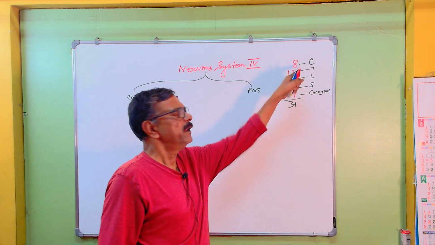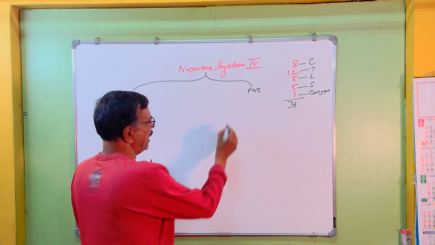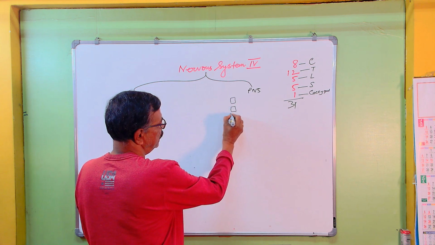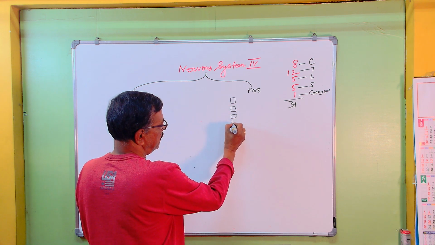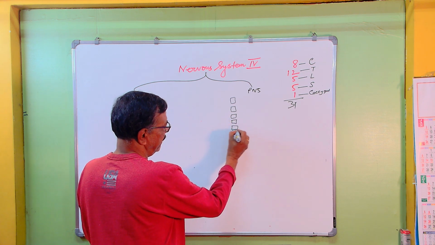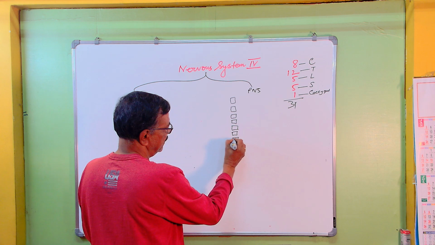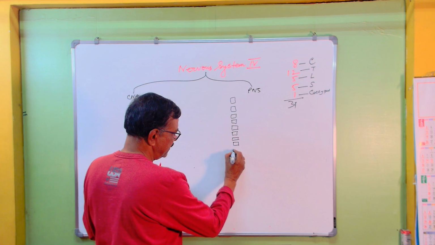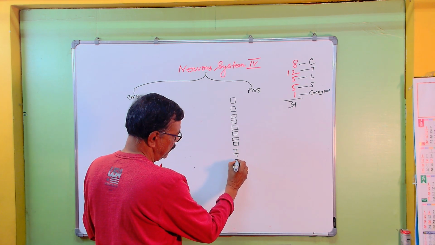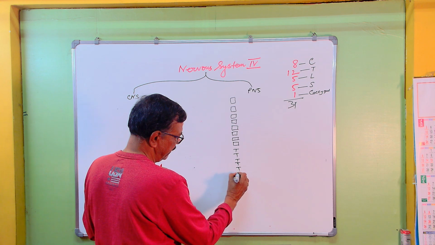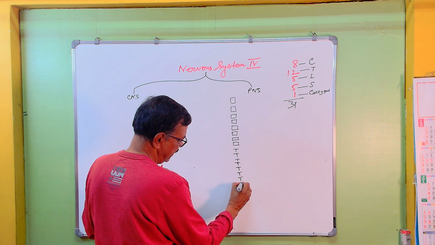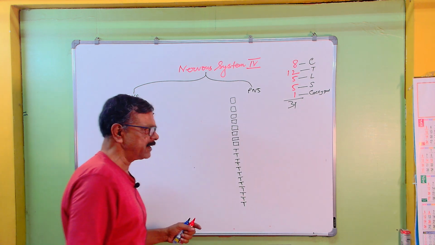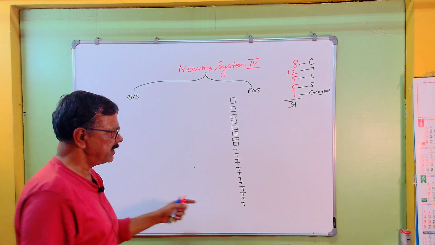The cervical nerves lie in between the cervical vertebrae. Suppose this is cervical vertebra number 1, cervical 2, 3, 4, 5, 6, 7, 8. Then 12 pairs of thoracic nerves: cervical, then thoracics.